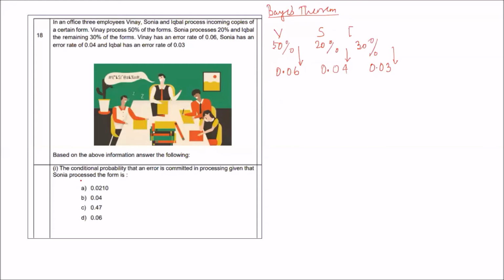But the first part is what? Based on the above information, answer the following. The conditional probability that error is committed in processing, given that Sonia is processing the form. Sonia is processing and she is getting error. So what is it? It is only 0.04. So 0.04 is the answer.